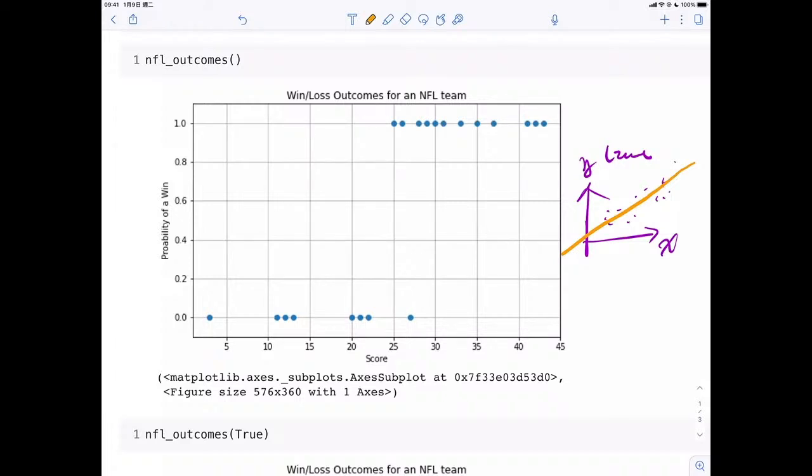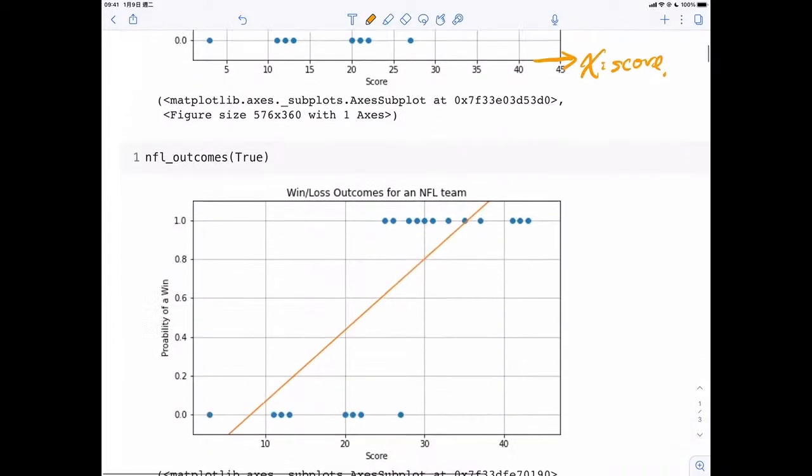Here the x value is score. This is what is called NFL data. The y value right here is the probability of win, which means I can collect a lot of data from NFL games, right?